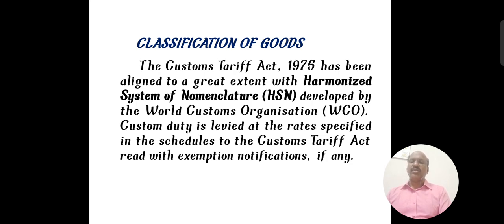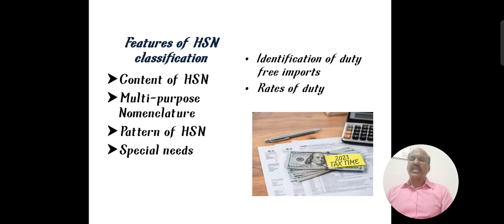This can be followed globally. So what are the features? The content of HSN is that they give the list, and it is a multi-purpose nomenclature. Then they have the pattern of it. They give the coding, international coding for the goods and other purposes for levying of taxes.